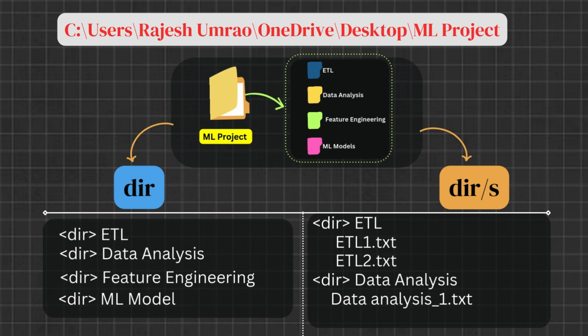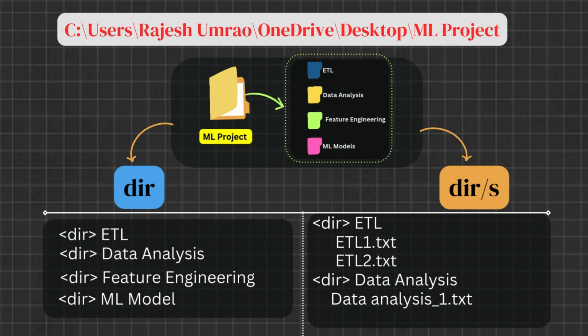But if you execute dir slash s in the current directory, that is ML project, then it is going to list out all the subdirectories, that is ETL, data analysis, feature engineering, ML model. But in addition to this, it is also going to list out all the files and subfolders present in each individual folder.